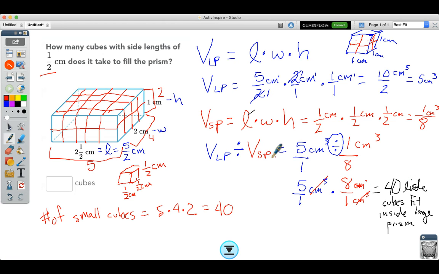So we can think of it as the volume of the large prism divided by the volume of the small prism. Or we can think of cutting this up into the number of prisms that can fit into each dimension. 5 of these small prisms can fit in the length dimension, 4 in the width dimension, 2 in the height dimension, and then we multiply that.